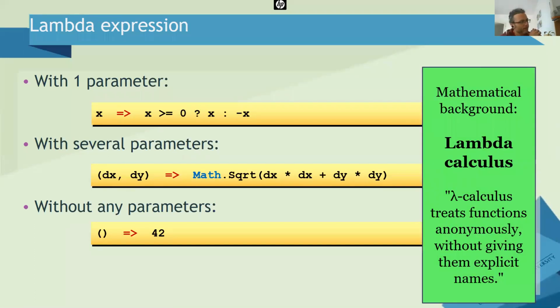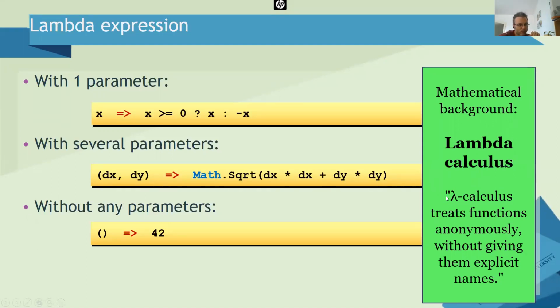Okay, let me give you some background information. You might have asked yourself why such expressions are called lambda expressions. This name comes from mathematics. There is a kind of calculus in mathematics, which is called lambda calculus.